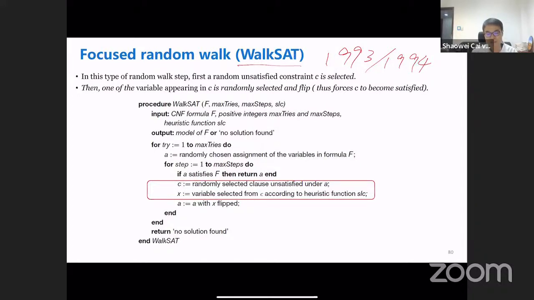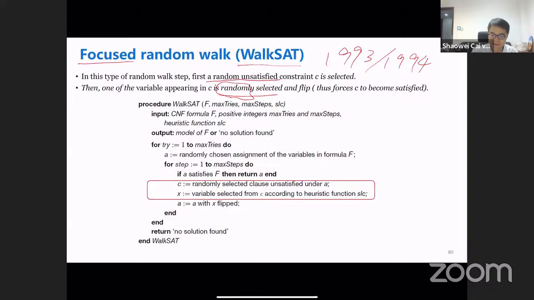It's actually a random walk algorithm, and it's focused because it only focuses on unsatisfied clauses. In each step, you first choose a random unsatisfied clause, and then one of the variables in this chosen clause is selected and flipped. This is not uniformly random; actually, you can use some heuristic here.